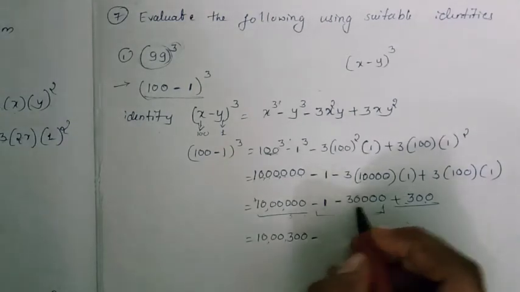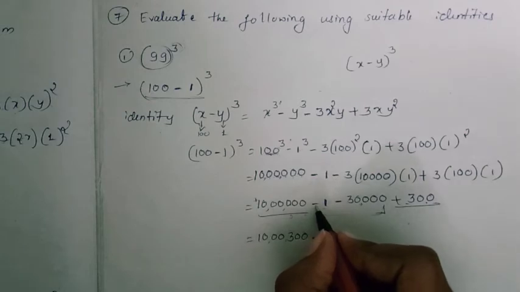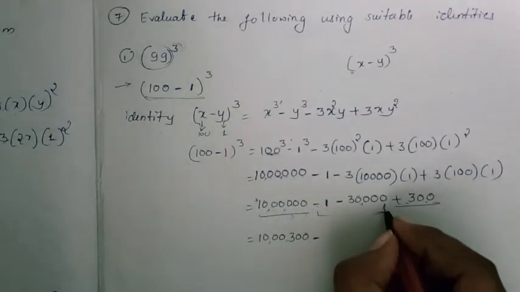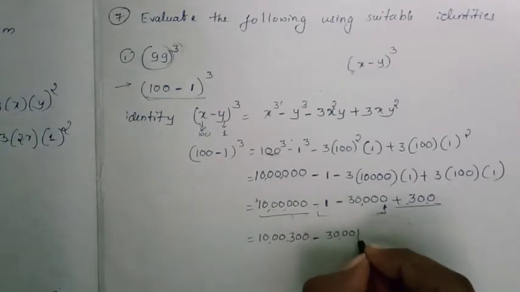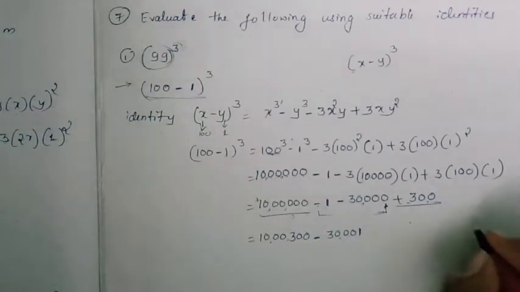As it is 30,000 plus 1, if you add that one here, it will come to the unit place. So 30,001. Now you have to subtract.